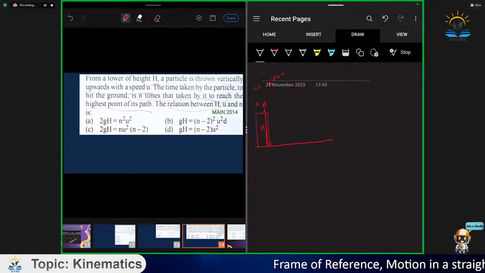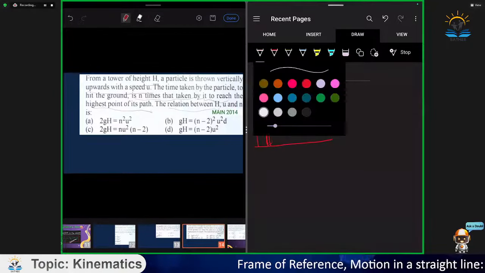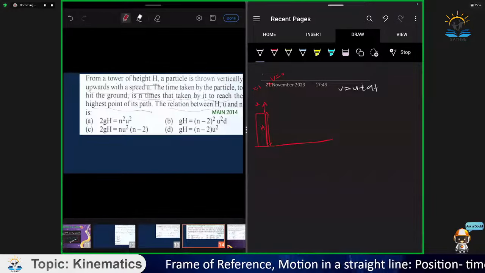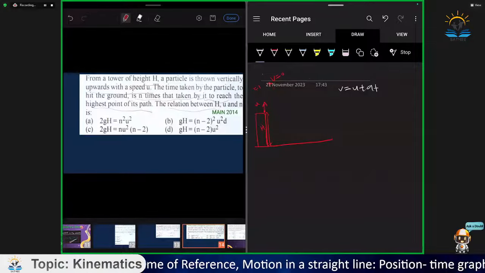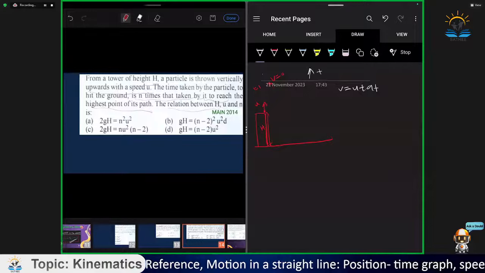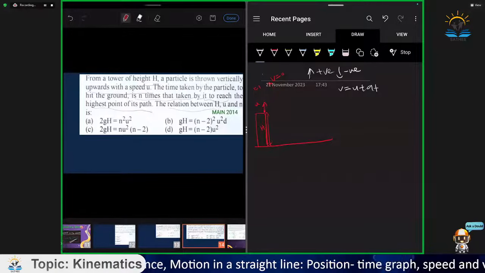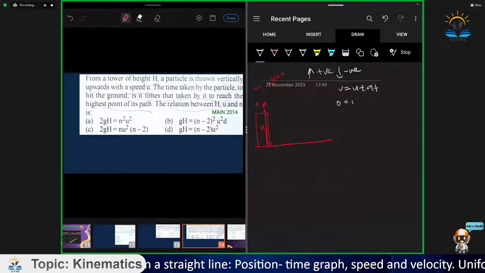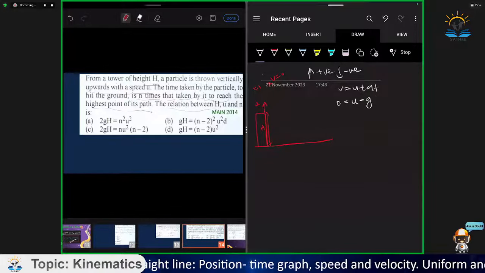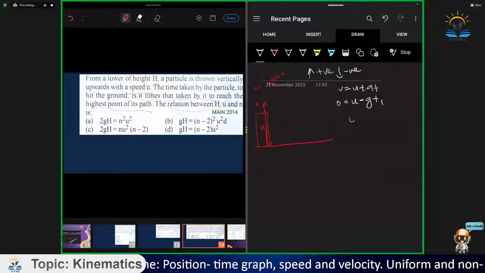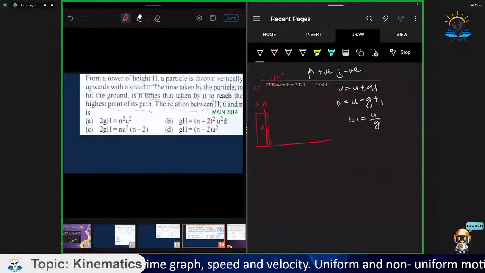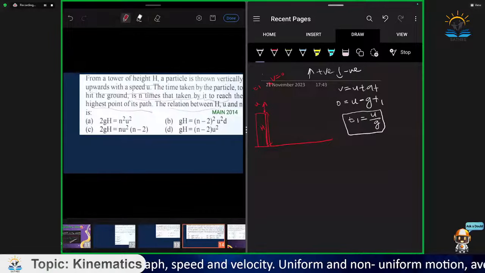So from v equal to u plus at, I'm taking upwards as the positive direction and downwards as the negative direction. So final velocity is 0 = u minus g t1. So t1 will be u by g.